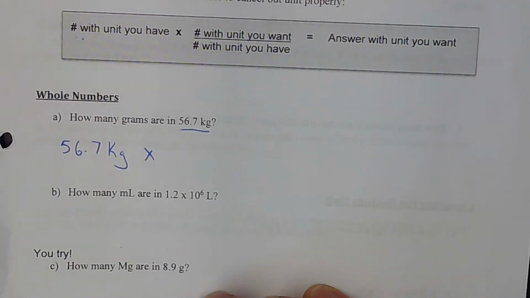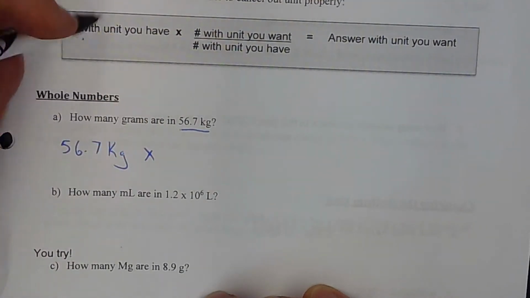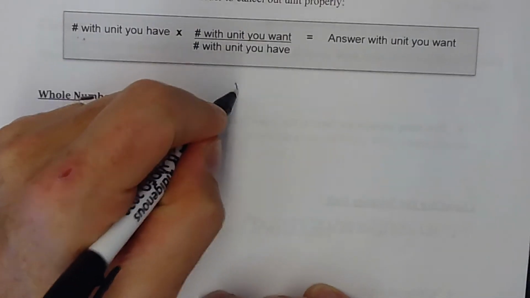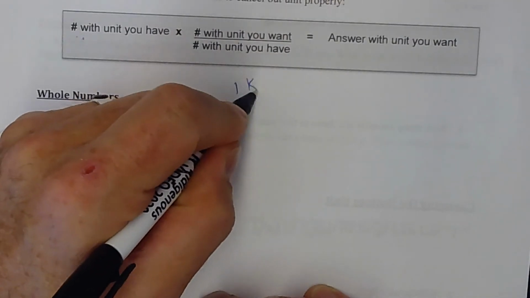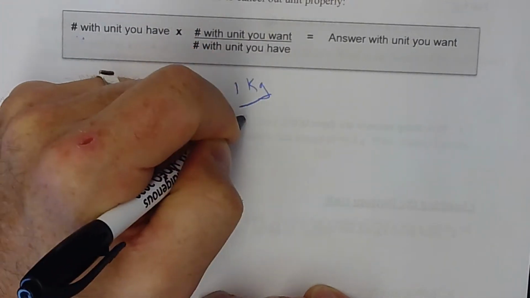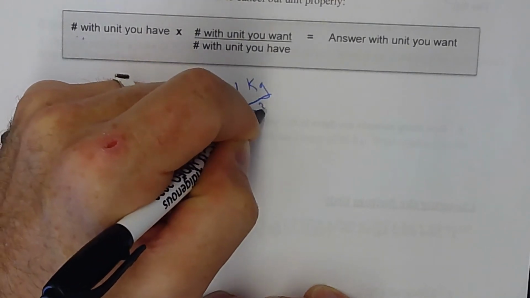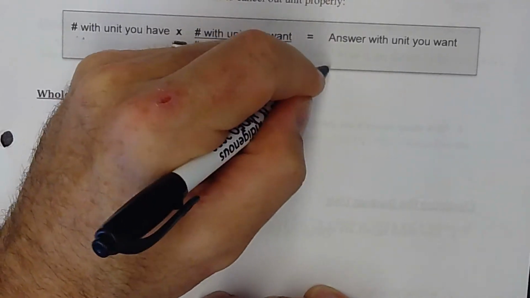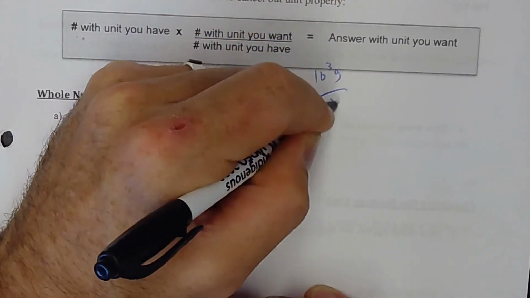Try to memorize your conversion factors as soon as possible. So what do you want? You want grams, so our conversion factor goes on top. I'll write it over here. Our conversion factor: 1 kilogram is equal to 10 to the 3 grams, or 10 to the 3 grams is equal to 1 kilogram.